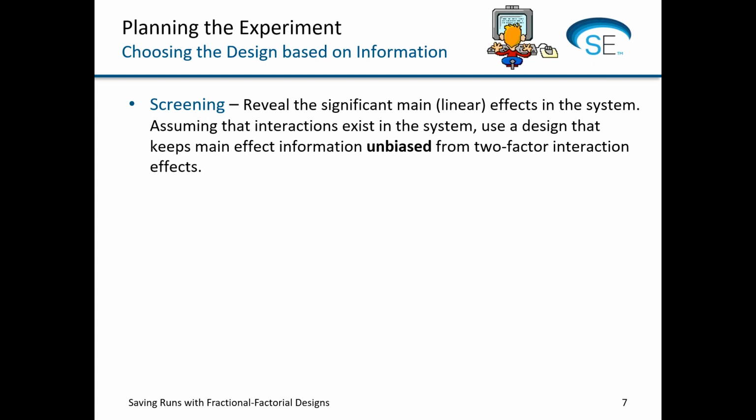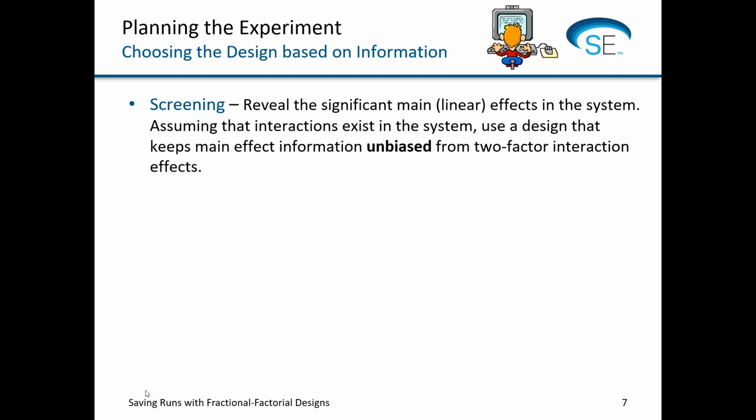So a screening design will reveal the significant main effects in the system. We might call those the linear effects in the system. Now, at Stat-Ease, we do assume that interactions exist in the system, because, quite frankly, today's processes are fairly complex.